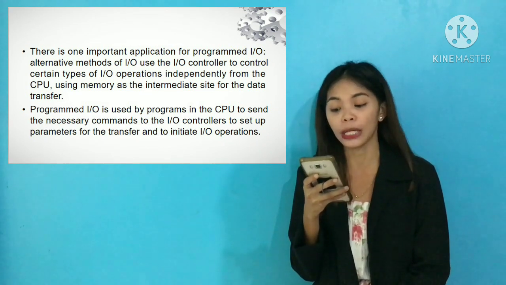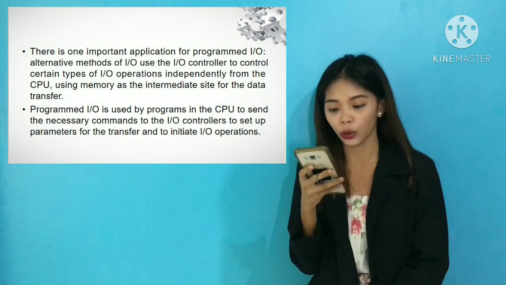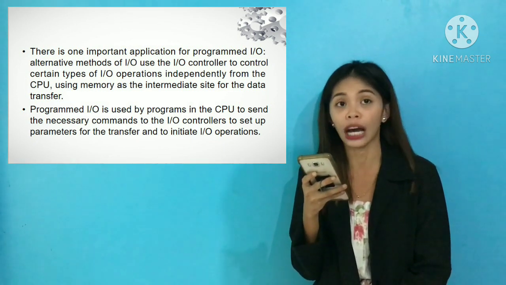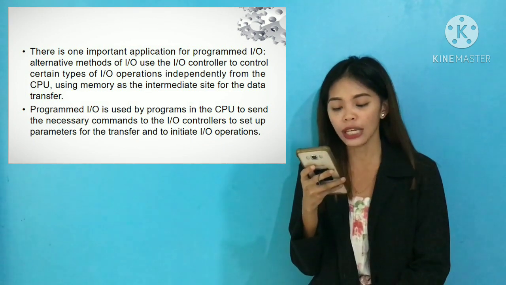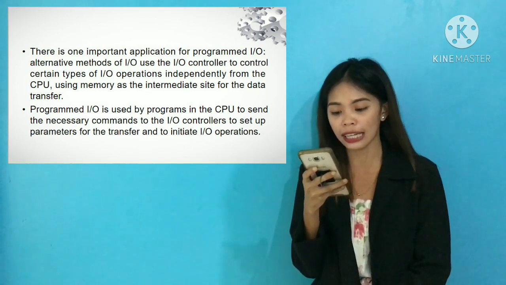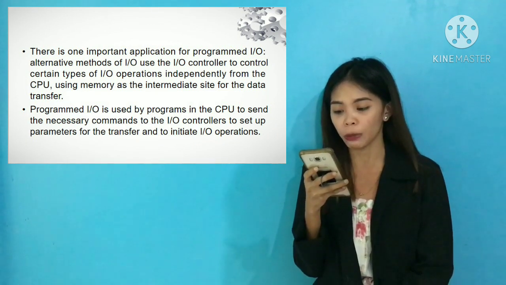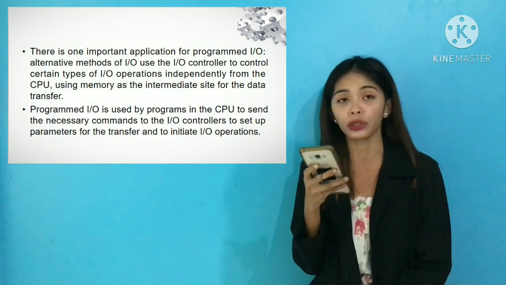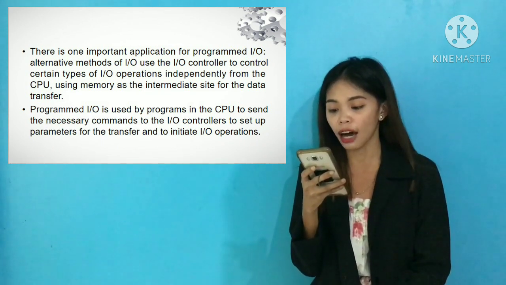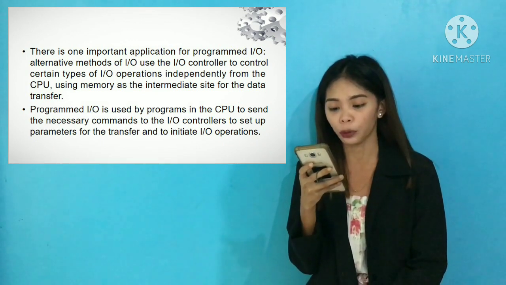Alternative methods of input-output use the input-output controller to control certain types of input-output operations independently from the CPU, using memory as the intermediate site for the data transfer. Program input-output is used by programs in the CPU to send the necessary commands to the input-output controllers to set up parameters for the transfer and initiate input-output operations.